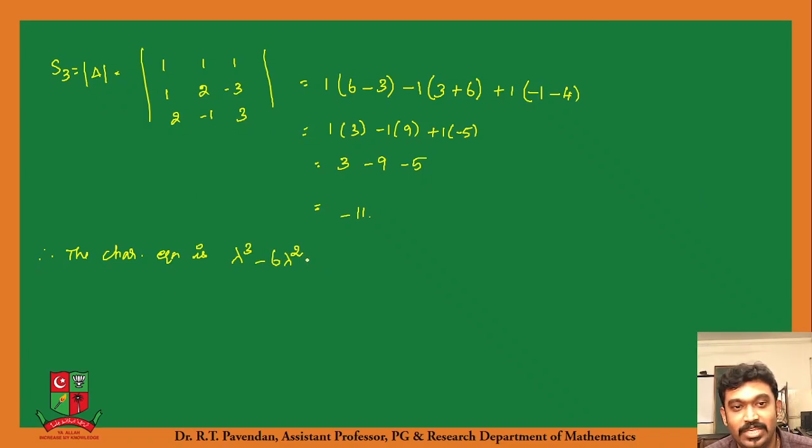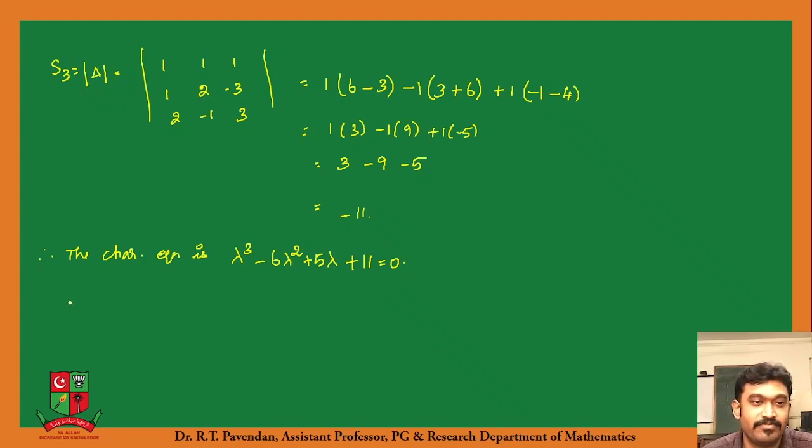Our S2 value is plus 5 lambda and our S3 value is minus 11. There we have minus S3, so it is minus of minus, plus 11 is equal to 0. So this is our characteristic equation: lambda cube minus 6 lambda square plus 5 lambda plus 11 is equal to 0. Now we have got the actual characteristic equation.